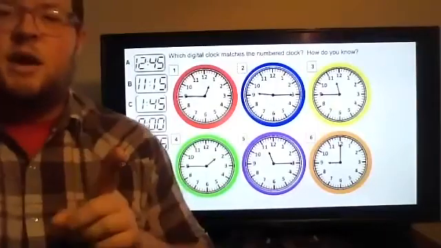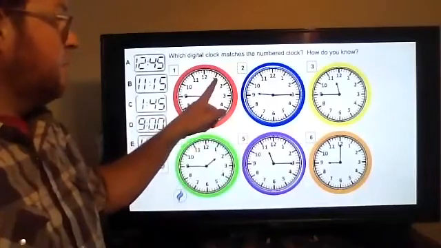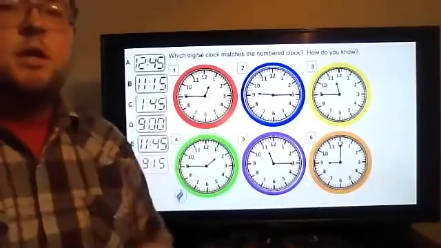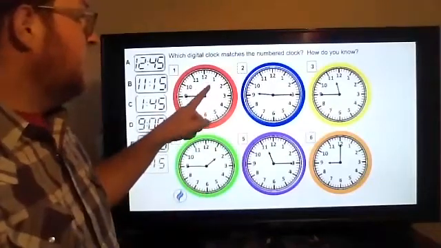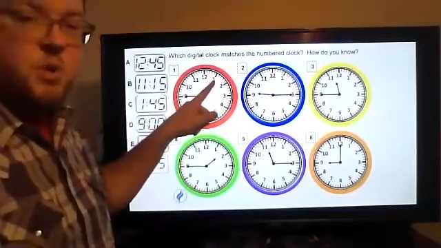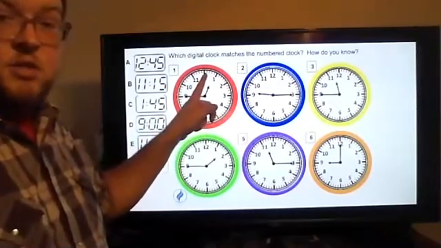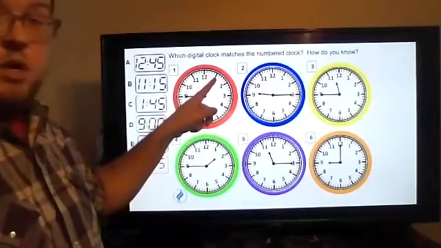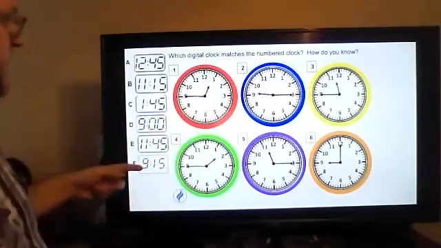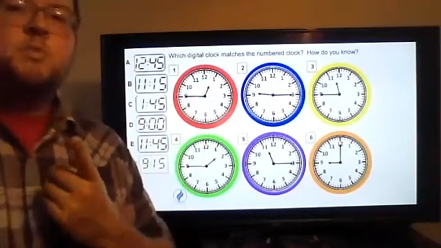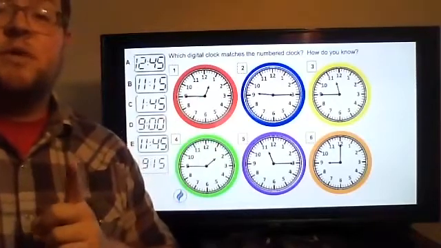I said if the hour hand is between two numbers, so in this case, it's between 12 and 1, not quite to the 1 yet, it is still in that previous hour. So because it's between 12 and 1 and it's not quite to 1 yet, it is still in the 12 o'clock range. So I'm going to look at my answers here. I want to say, which one of my digital times is still between the hours of 12 and 1 o'clock?